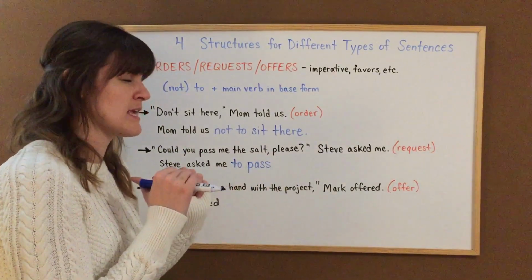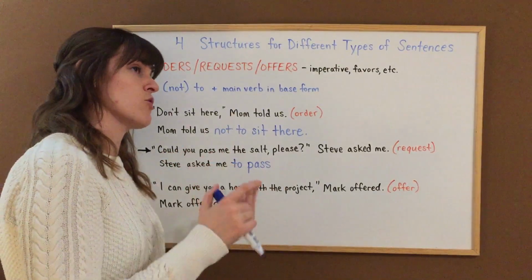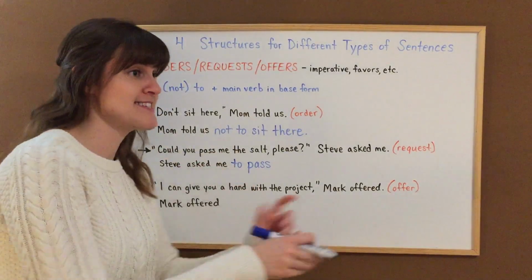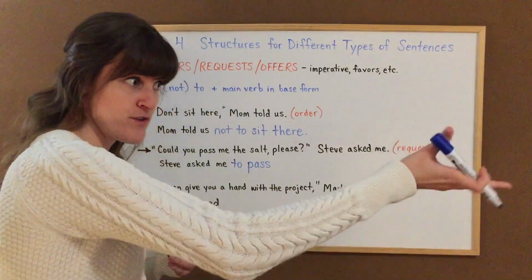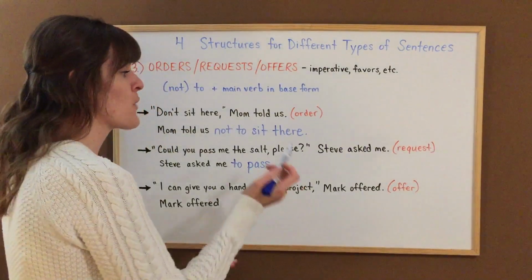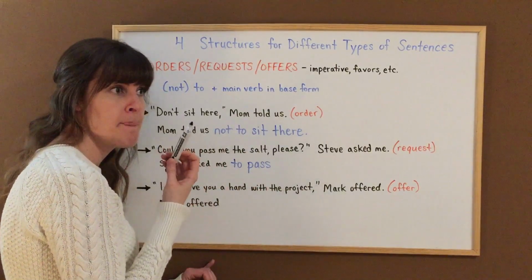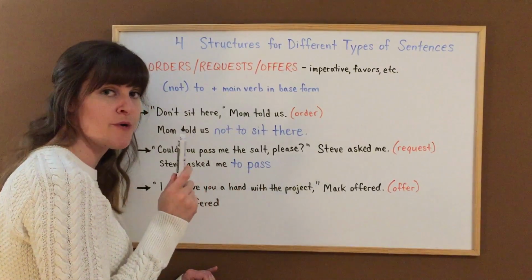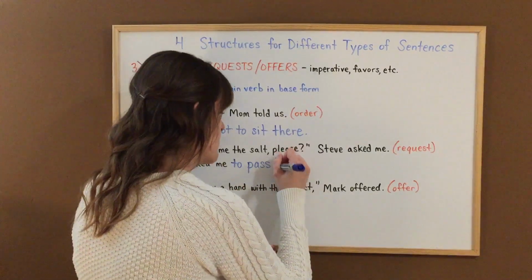Steve asked me. He says, could you pass me the salt, please? So, Steve asked me to pass Steve the salt. Steve wants the salt, right? So I have to put an object pronoun. Steve is a boy. So, instead of me, which object pronoun do I need? If you're talking about a boy, we use him.